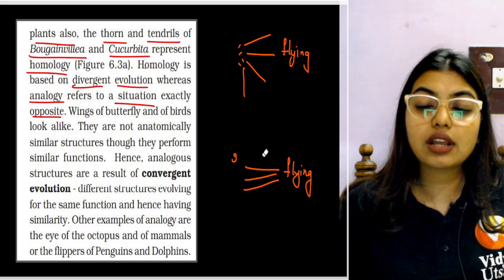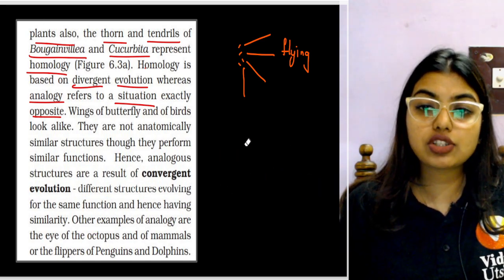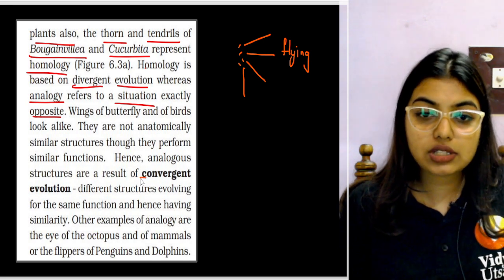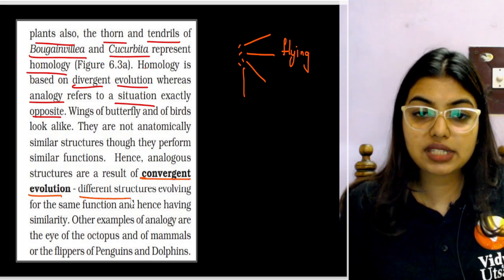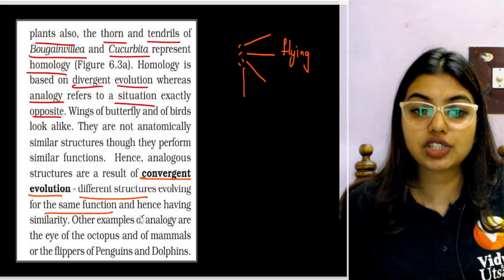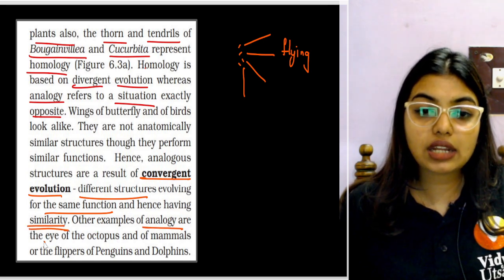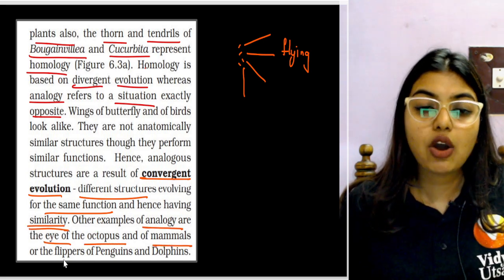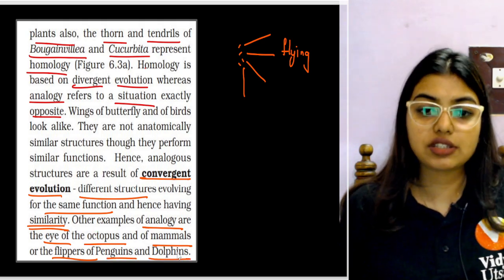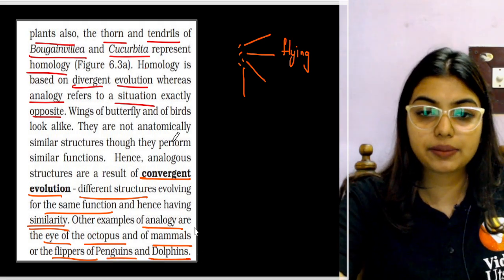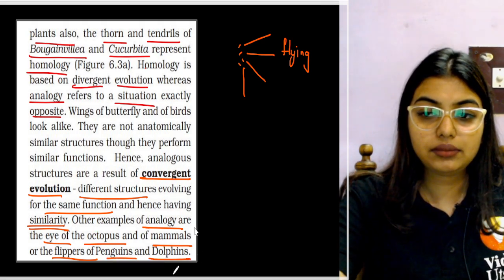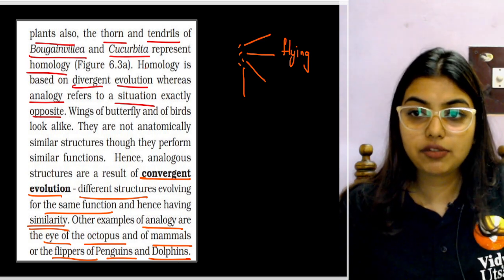This is called convergent evolution or analogous organisms. Convergent evolution means different structures evolving for the same function, hence having similarities. Other examples of analogy are eyes of octopus and mammals, or flippers of penguins and dolphins.